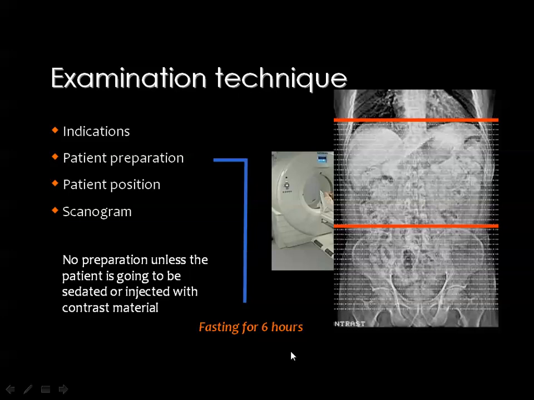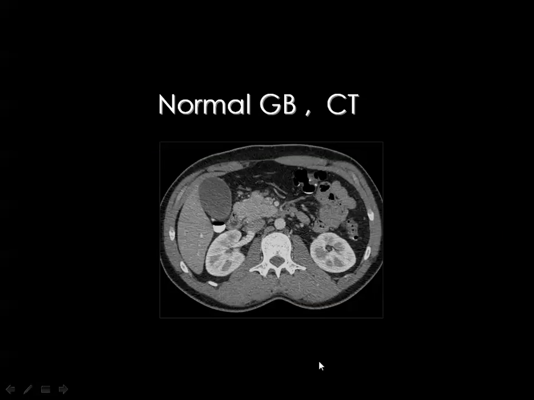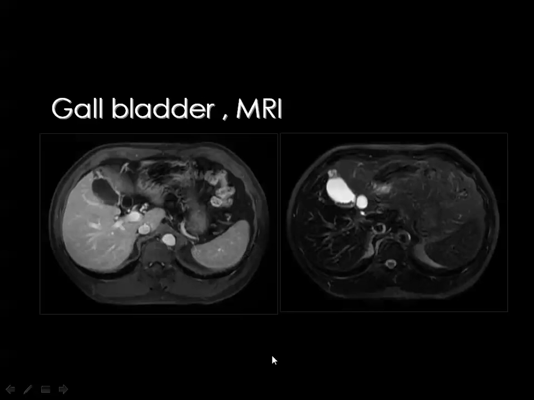This is the cross-section CT scan after intravenous contrast injection, showing the normal appearance, the distended gallbladder in the anatomic region of the gallbladder fossa, showing a clear fluid content with regular thickness of the wall.